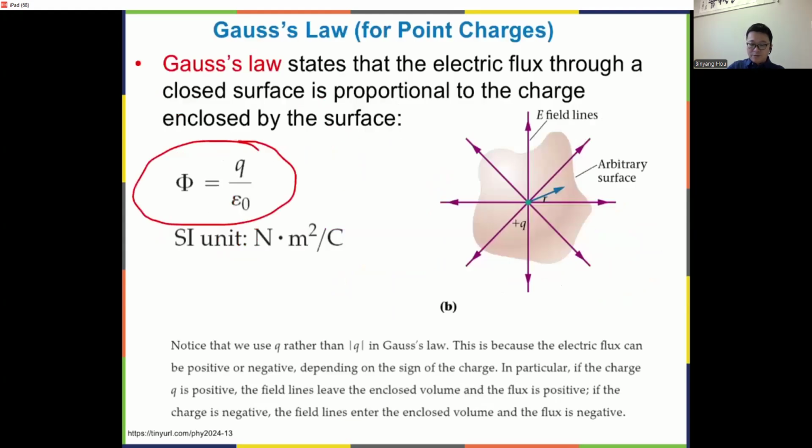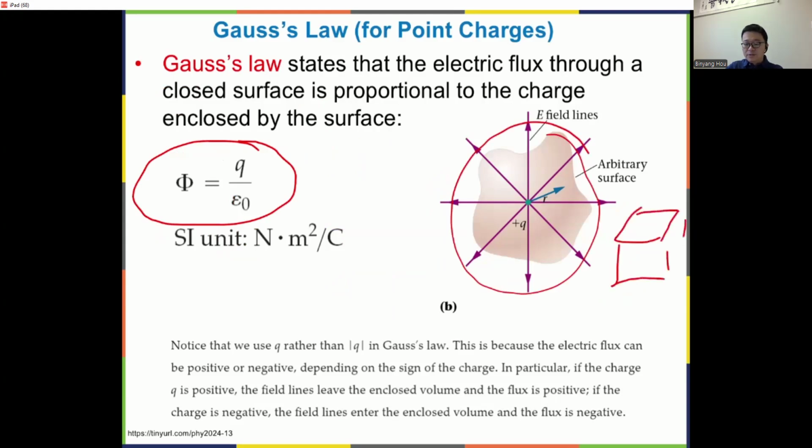So here's the conclusion. You can also calculate flux by using the charge enclosed by a particular surface, not necessarily spherical. It could be any arbitrary surface like this. It could be a cubic surface, or a cylindrical type of surface.